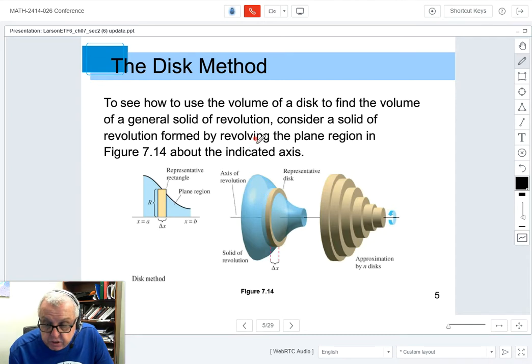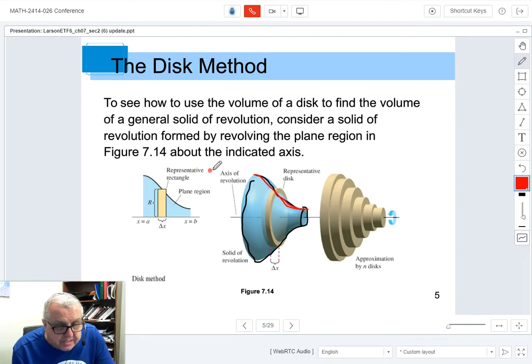Let's take a look at this figure here, this blue figure. It's a solid figure. And what if we wanted to know the volume of this solid figure? Well, let's first just take a look at this shape here.